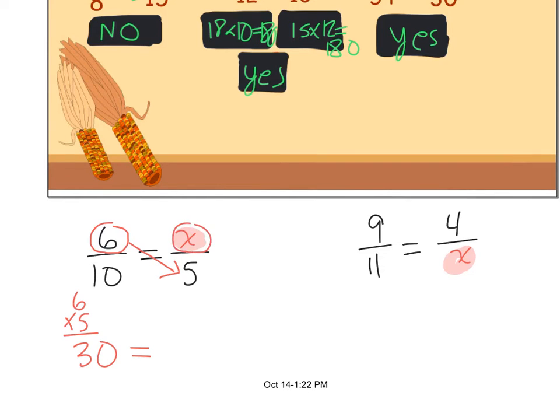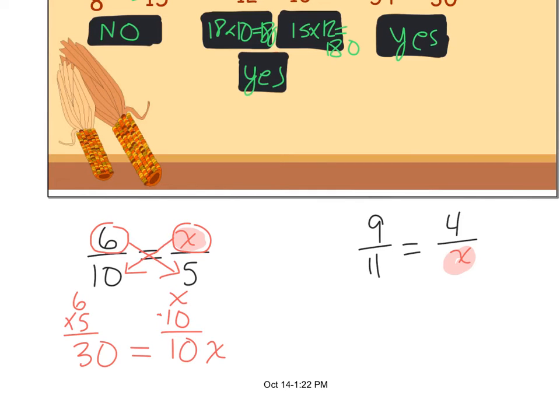So I'm going to take my top number, which is my x of my second fraction, cross multiply through the equal sign, and I'm going to have x times 10. And we talked a lot about this when we were solving equations. What is my solution when I multiply a variable times a number? X times 10, I just mush the numbers and letters together, and I say, okay, x times 10 is 10x.